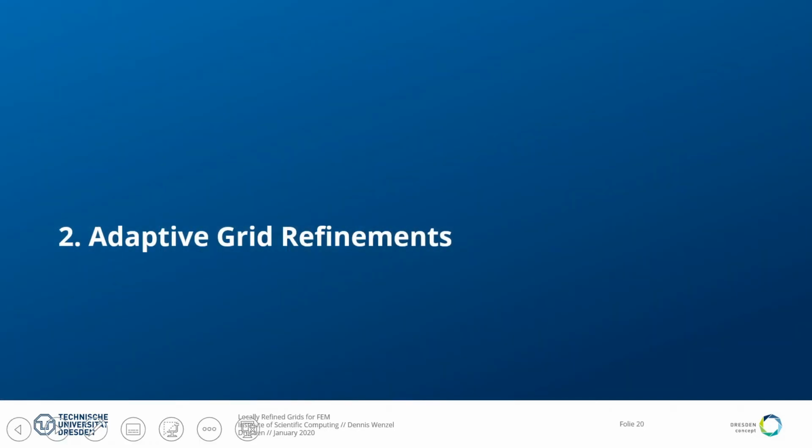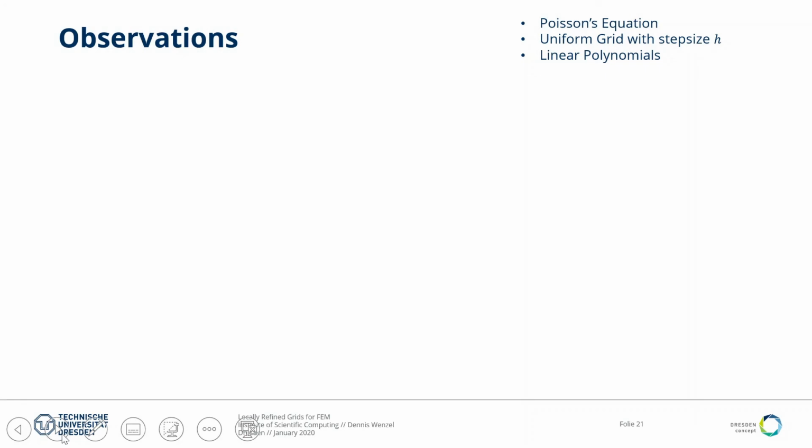Now we want to transfer these concepts that we have just introduced, finding out that there are certain problems that need a locally refined grid, into a more general concept towards adaptive grid refinements. And firstly, some observations to capture this in a more mathematical way.